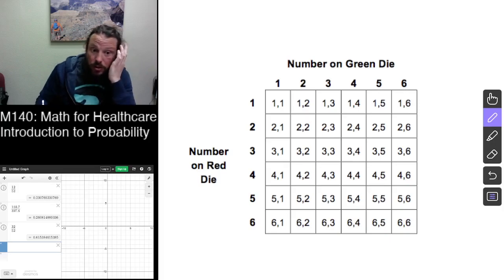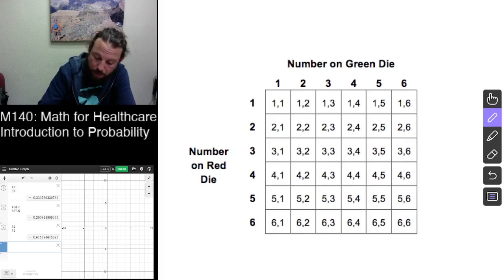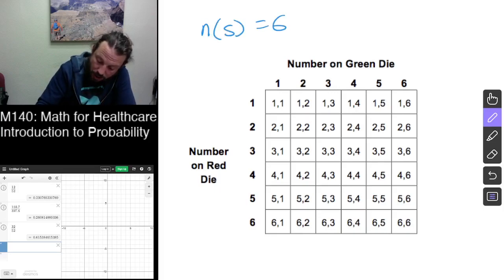Notice, the first die has 6 possibilities, the second die has 6. You could visualize it as a 6 by 6 square. And so we know the size of our sample space is 36.